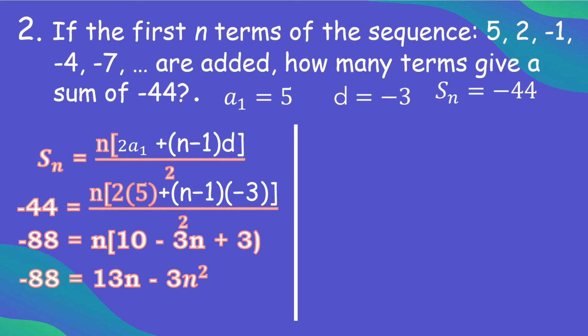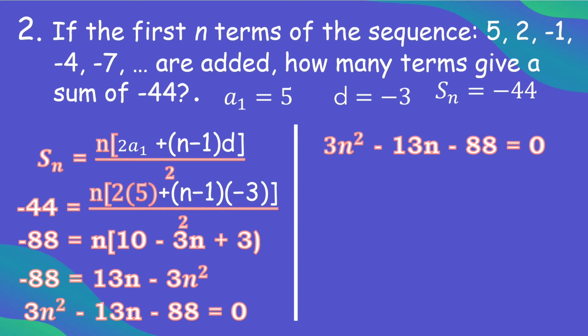Therefore, the resulting equation should be a quadratic equation. The first term of any quadratic equation should be positive, so we will transpose negative 3n squared and 13n to the left side of the equation. As a result, we have 3n squared minus 13n minus 88 equals 0.